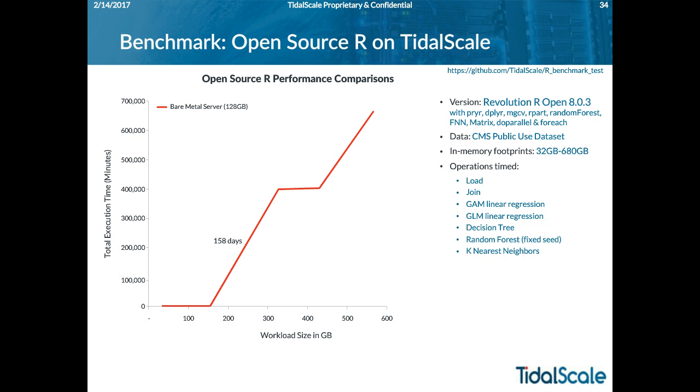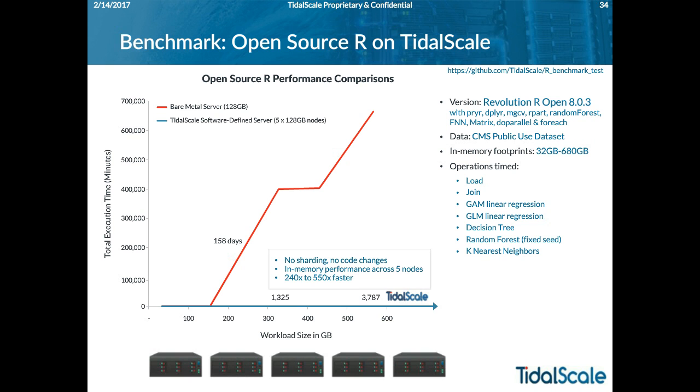And again, using TidalScale, we're able to run that same benchmark, no sharding, no code changes. You don't have to rewrite to a different language, no complexity in terms of distributed computing. From your point of view as a data scientist, you just use R, you just load the data in memory, and you do your job.